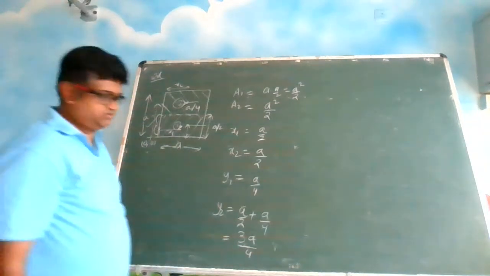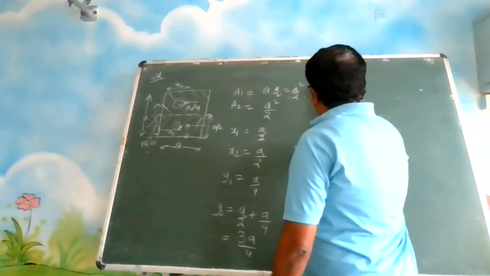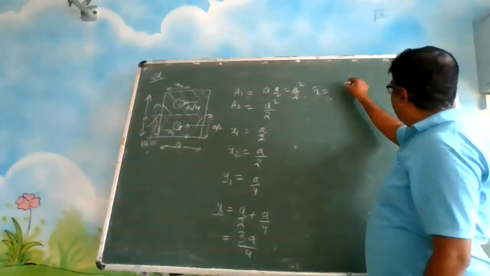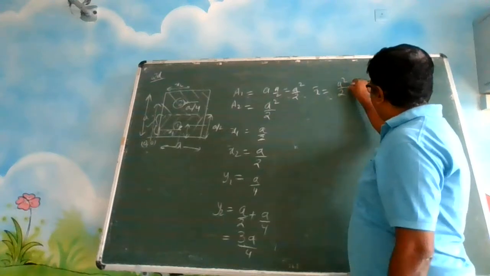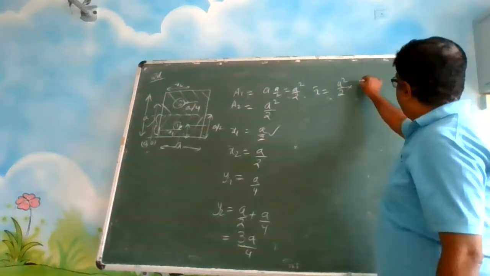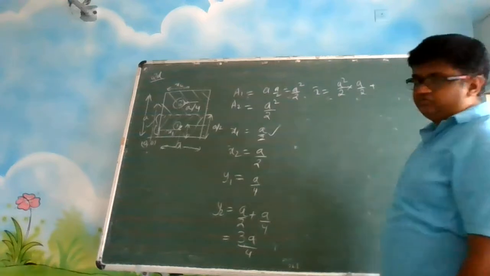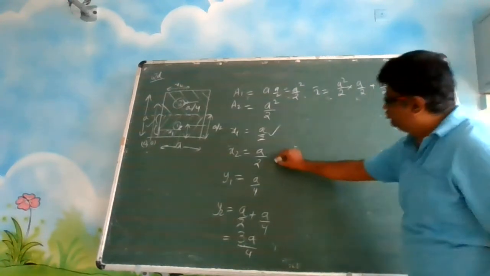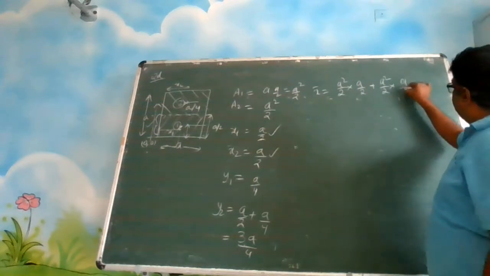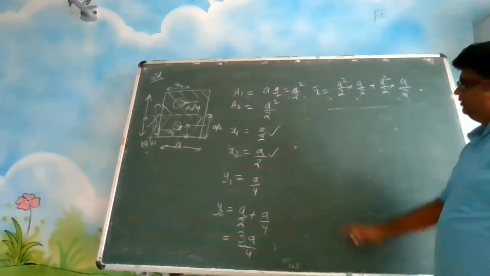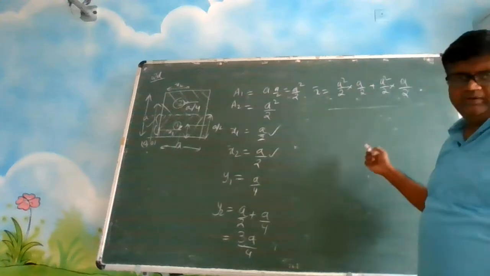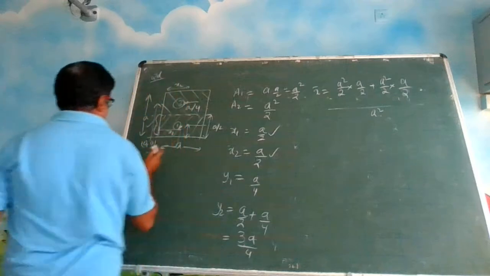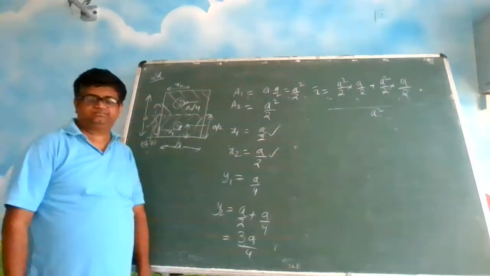Now put it in the equation. X bar is equal to, I'm not writing the expression here, a1 x1. What is a1? A1 is A square by 2 into x1, A by 2, plus a2, A square by 2 into x2, A by 2, divided by A square by 2 plus A square by 2, it is A square only. आप एरिया को ऐसे काटो या वर्टिकली काटो, क्या फर्क पड़ता है?